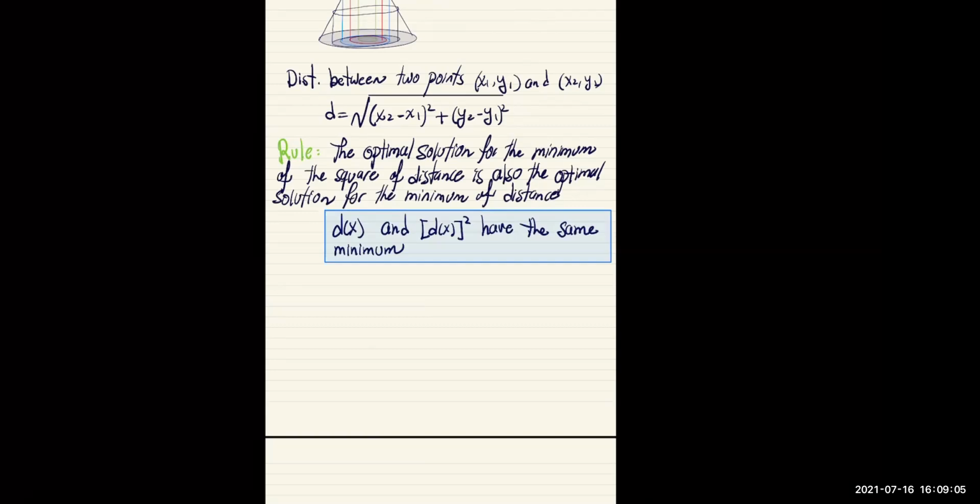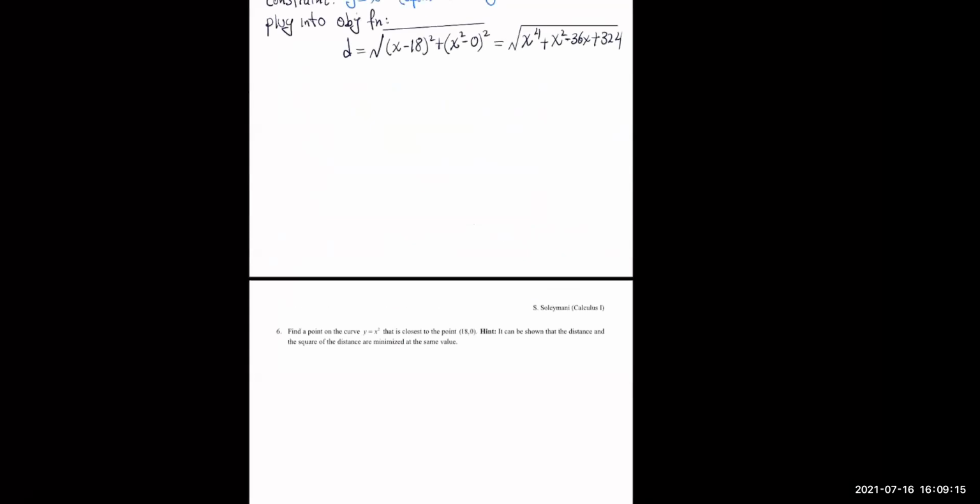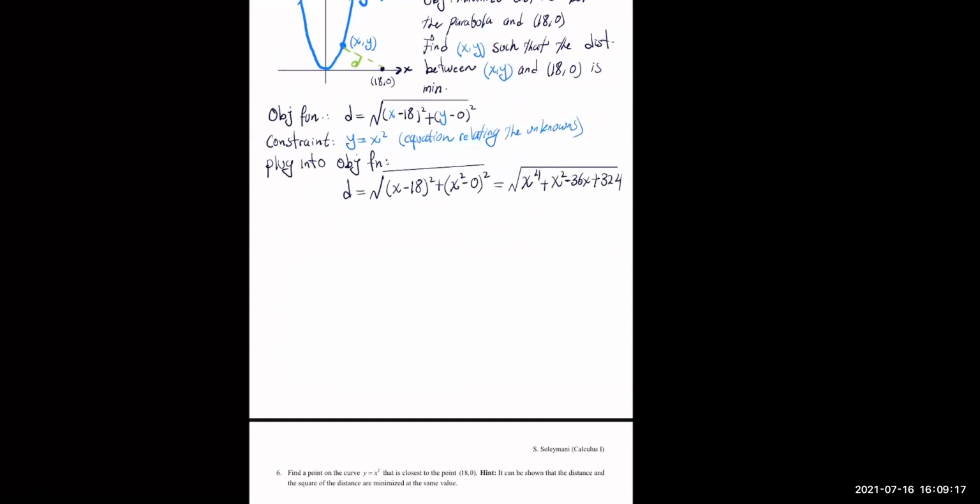I can completely ignore that square root. So again, here we can minimize, let's call it capital D of x equal to x to the 4 plus x squared minus 36x plus 324.